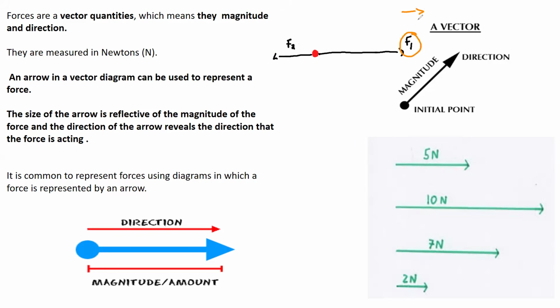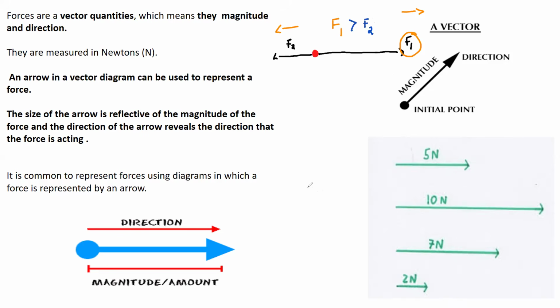That's the direction of force 1. Force 2 is acting to the left. By virtue of the size, F1 has a longer length. It means the magnitude or the size of force 1 is greater than the size of force 2.